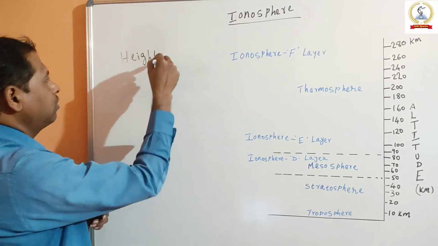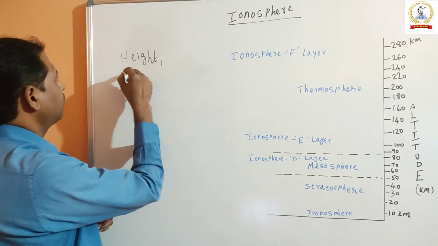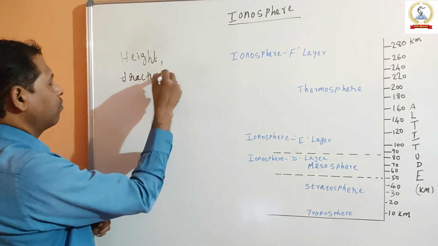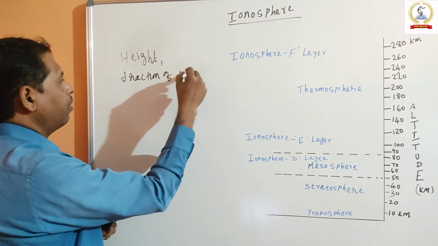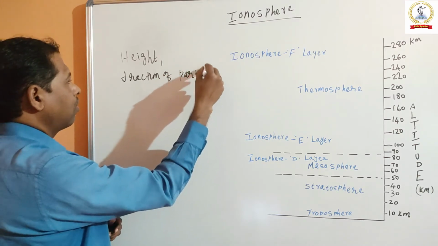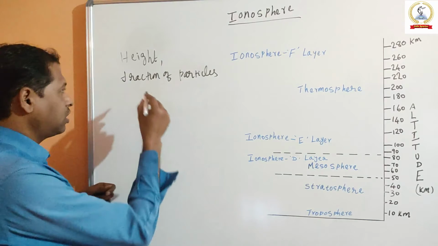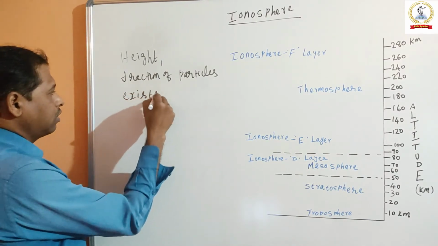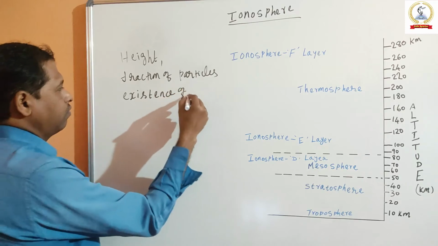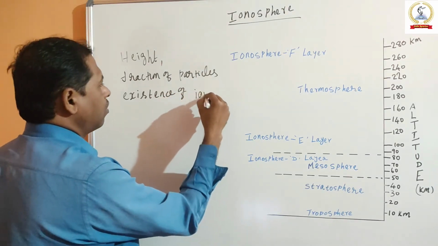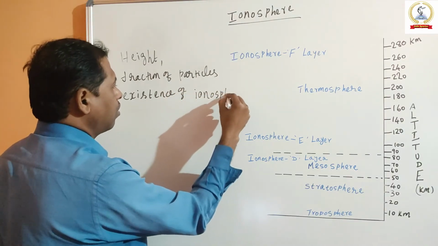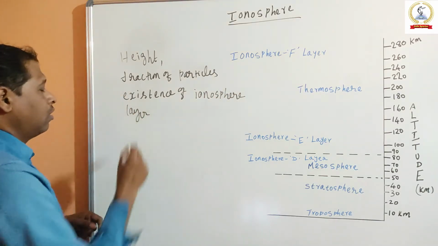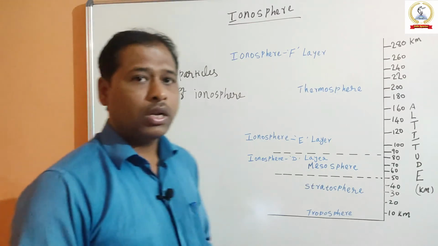So the height, fraction of particles and existence of ionosphere layers vary over time.